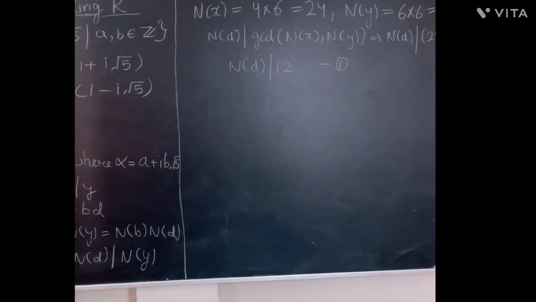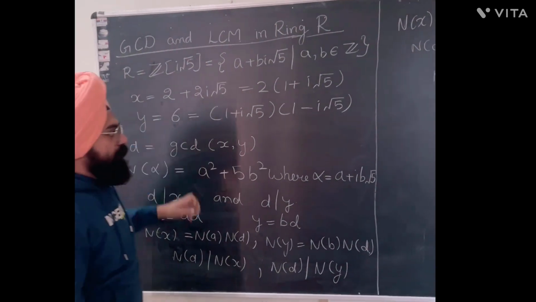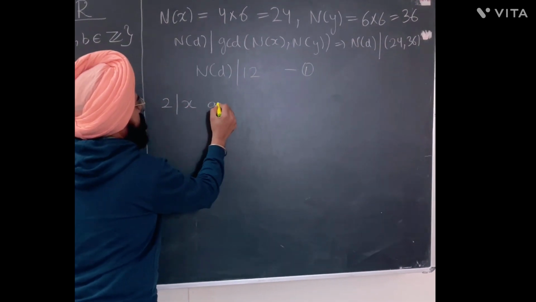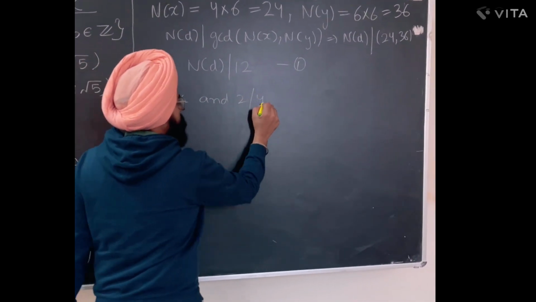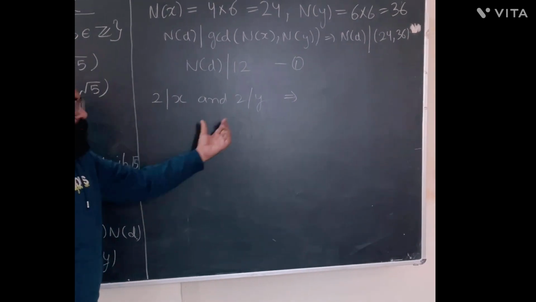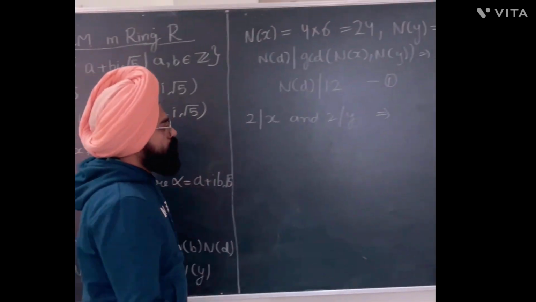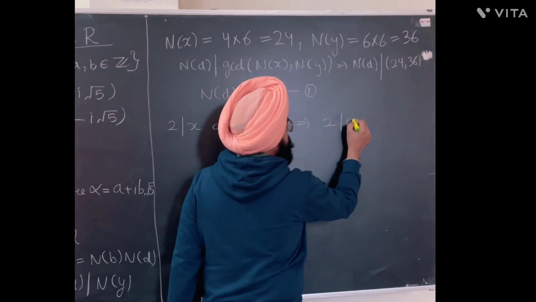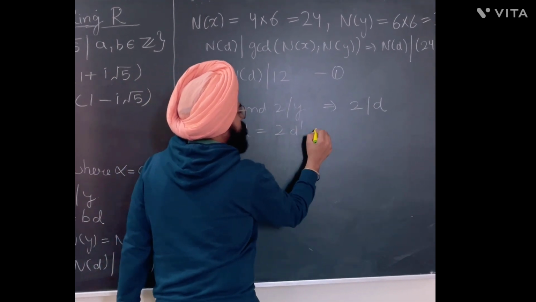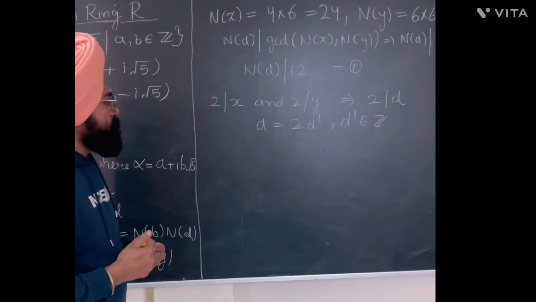Now we can see that 2 divides x as well as 2 divides y. So 2 is a common divisor for x and y, but d is the greatest common divisor, so 2 will divide d as well. So d will be 2 times d dash, for some d dash belonging to the set of integers.